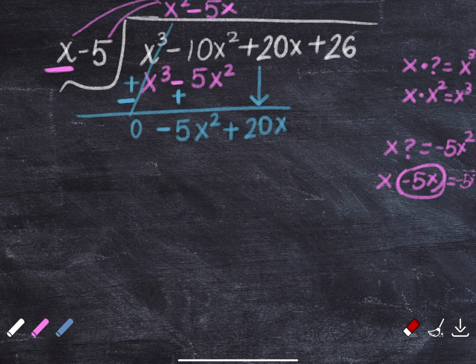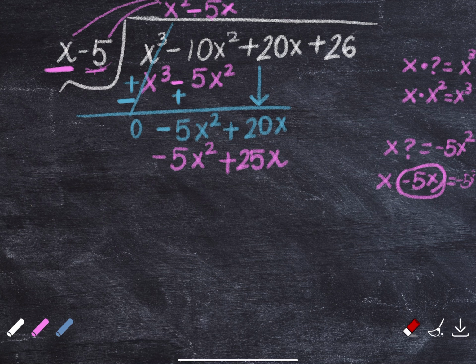So negative 5x times x is negative 5x squared. And then whatever I multiply this by, I have to multiply by the second number also. So negative 5x times negative 5 is positive 25x, because 5 times 5 is 25 and the x comes along.